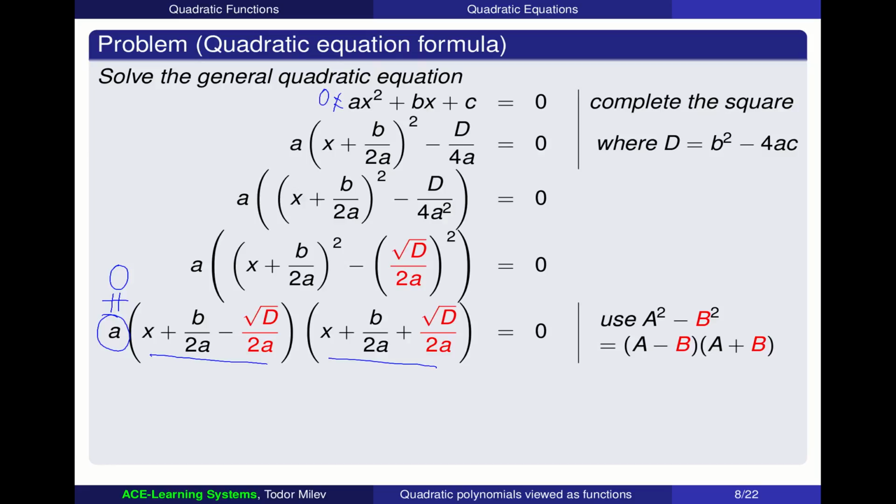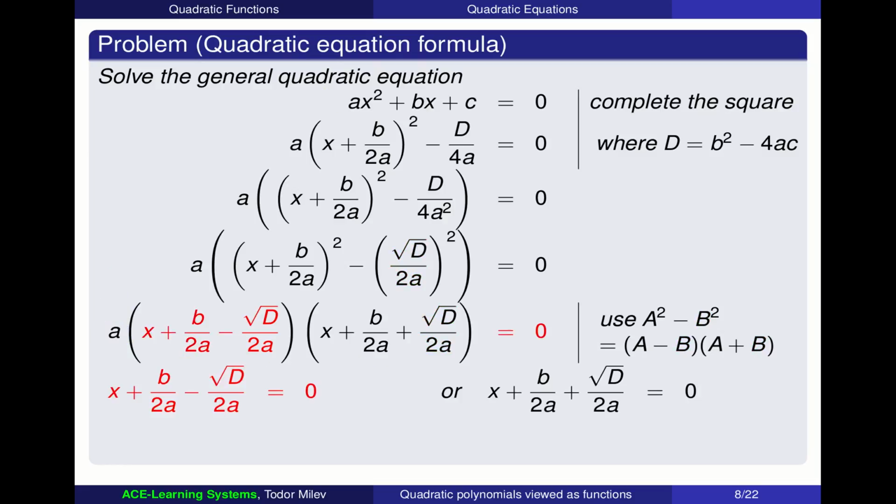So our only chance of having 0 is to have that either this term, x plus b over 2a minus radical of d over 2a, is 0, or the next term, x plus b over 2a plus radical of d over 2a, must be 0. So one of the two must hold.